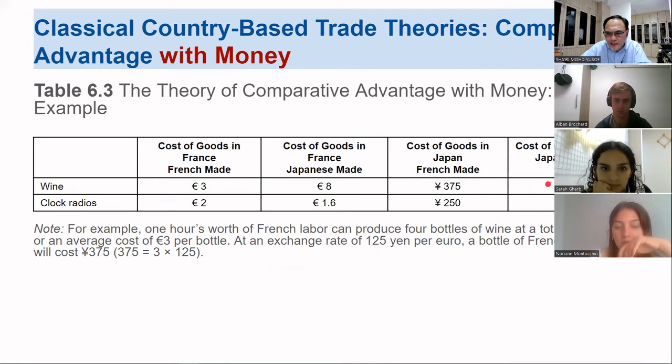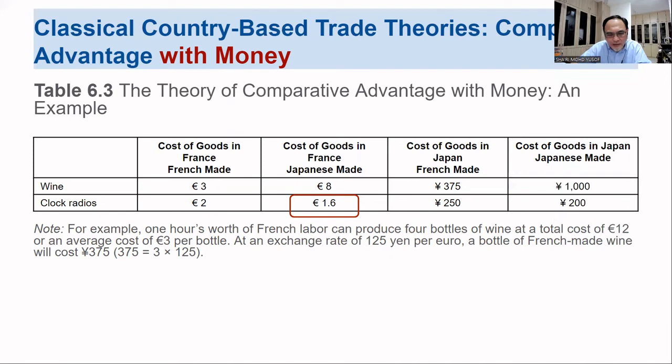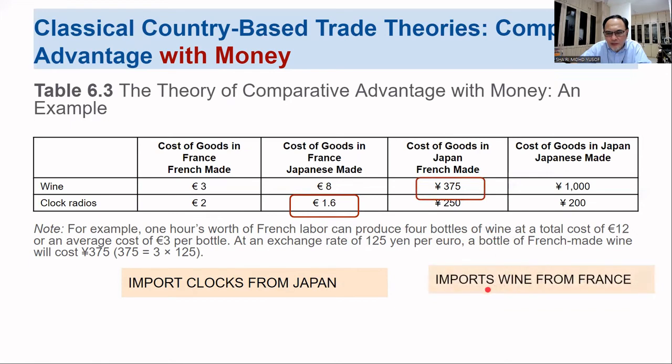So from this theory of comparative advantage, there will be trade between these two countries. France will import clocks from Japan, and Japan will import wine from France.